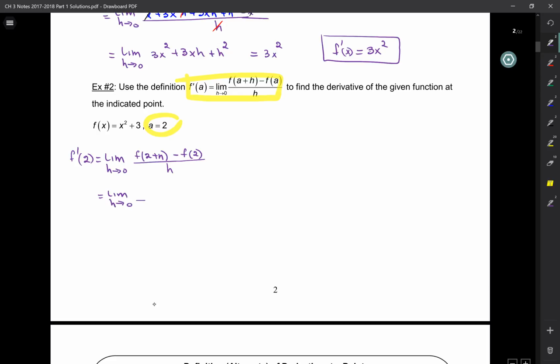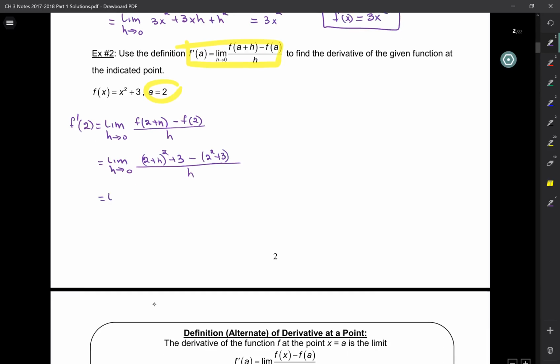As h approaches 0. Okay, f of 2 plus h is 2 plus h squared plus 3, minus, what's f of 2? 2 squared plus 3. Correct. Okay, so now this is 4 plus 4h plus h squared plus 3 minus 7, all over h.